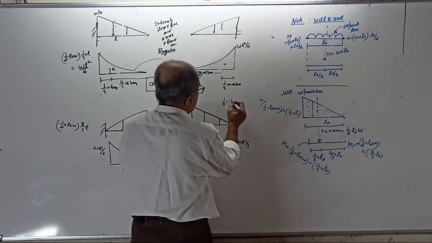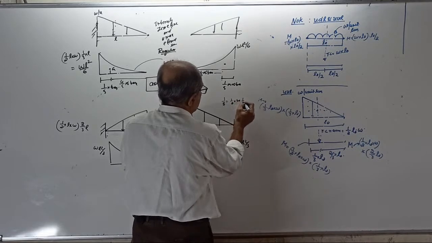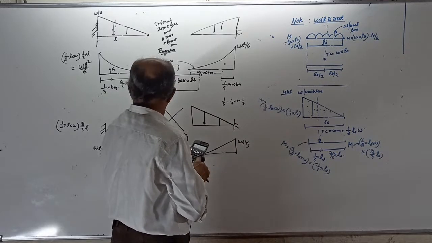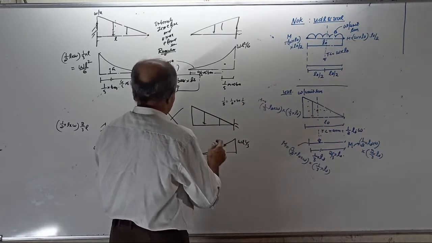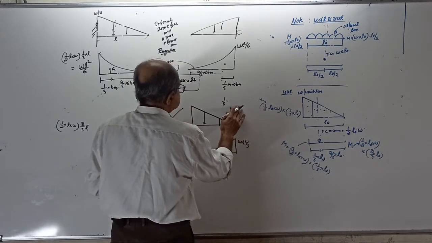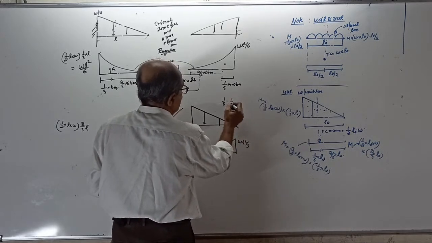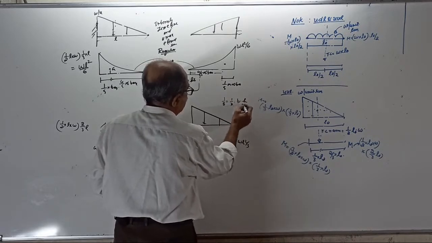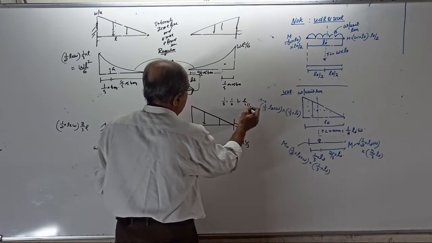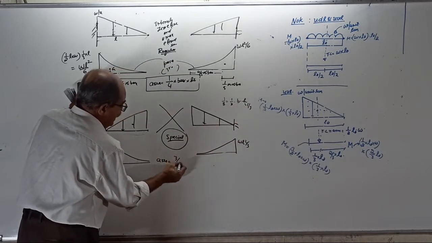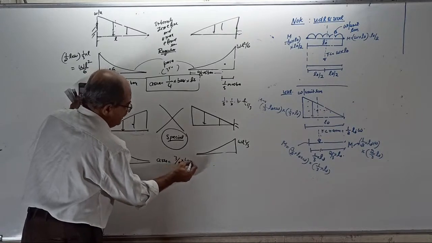Equal to 1/3, half by 8 here. 1 by 8 equal to 1 by x into base into height. 1 by 8, height is 1 by 3. Area equal to 3 by 8 of base into height.